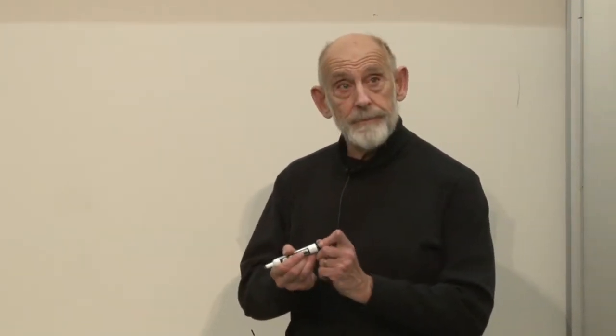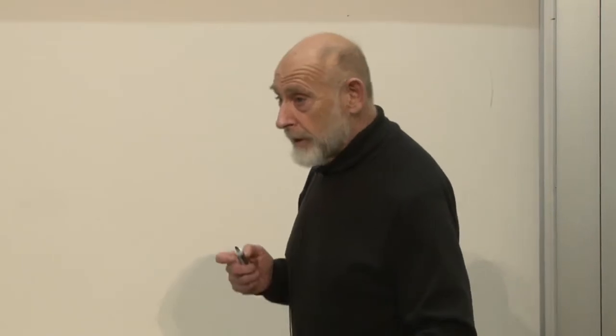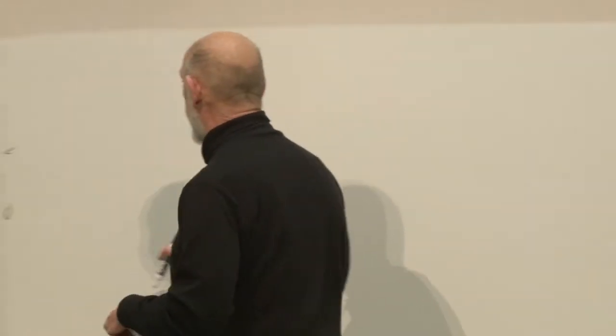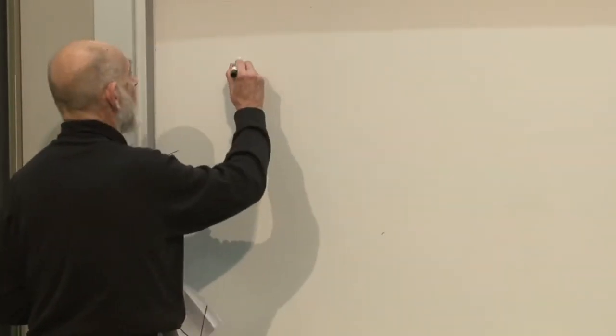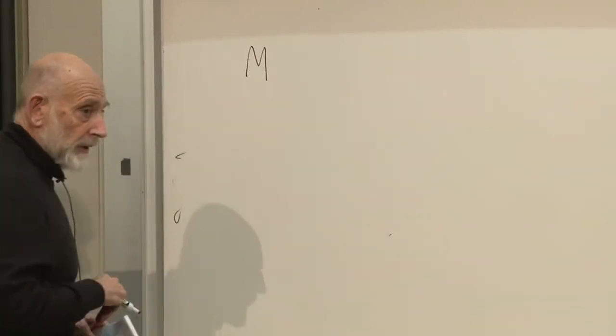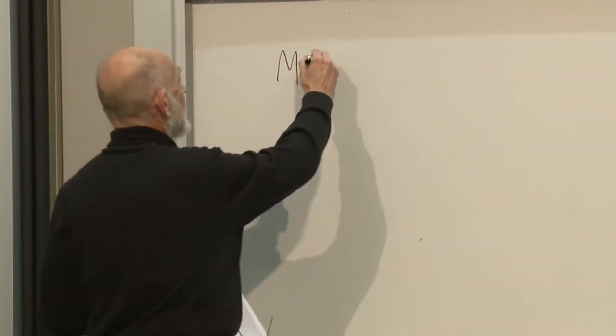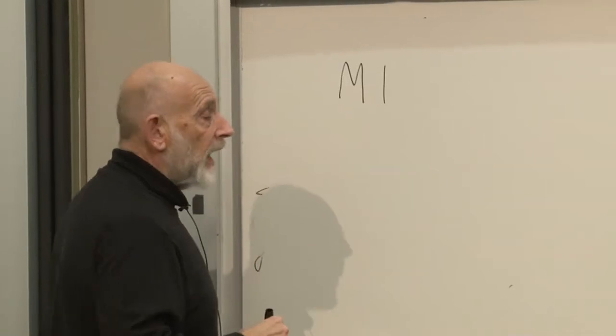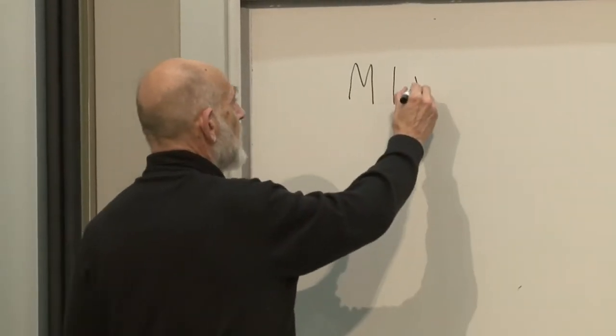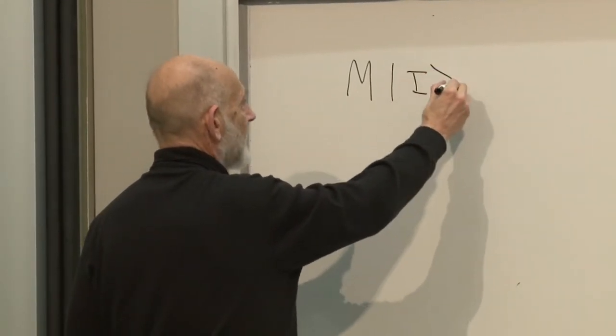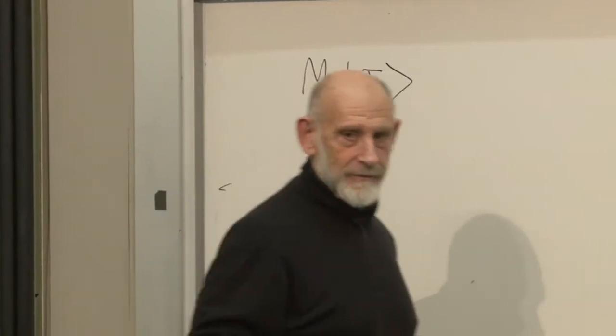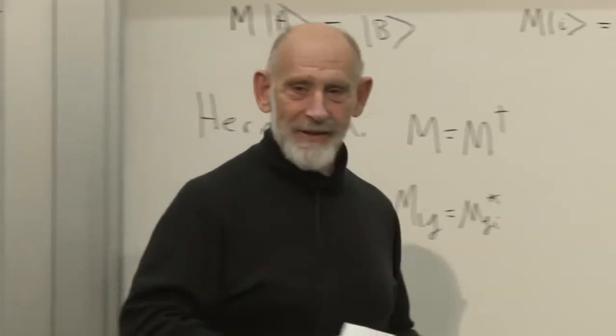So in general, there may or may not be eigenvectors. But if there are eigenvectors, they're defined in the following way. Again, I'm going to use M for the generic operator. M acts on an eigenvector. Let's call the eigenvector I, I for eigen. Now, of course, I is not for eigen. Eigen begins with an E.